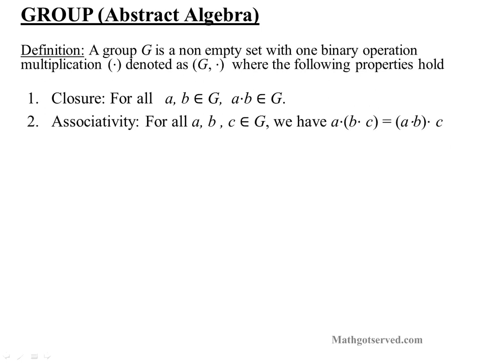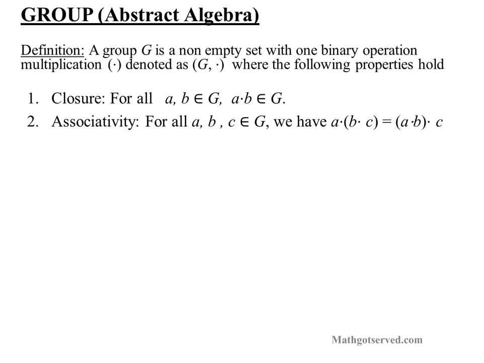The second condition is associativity. We all know what the associative property is. In order for a set to be a group, the associative property on multiplication must hold true.